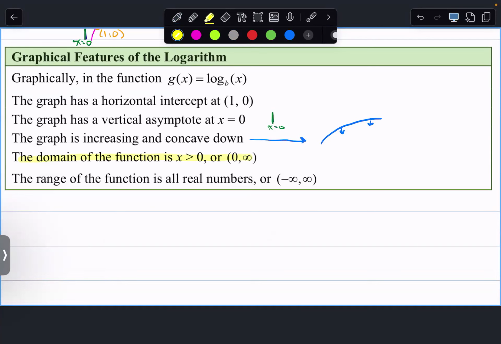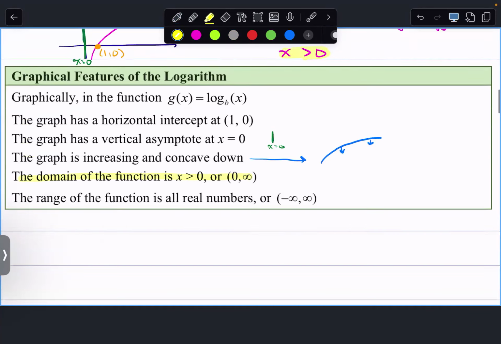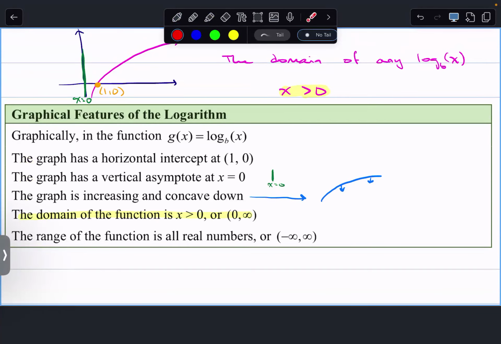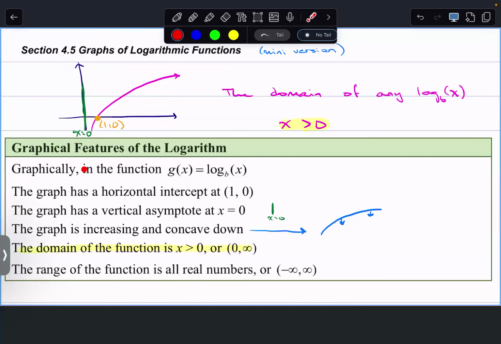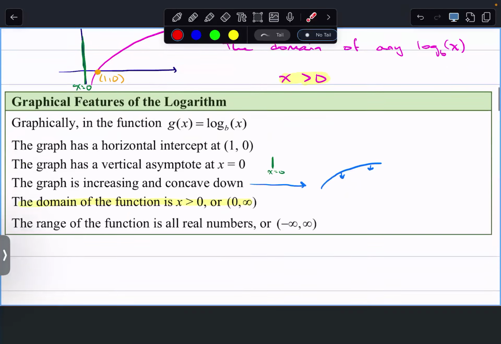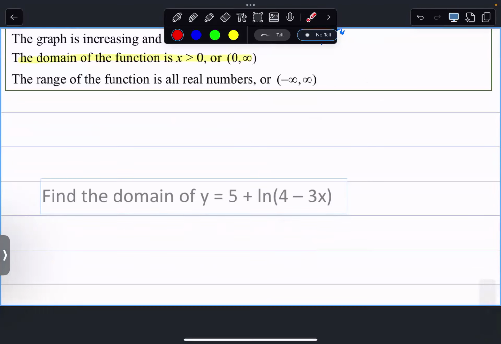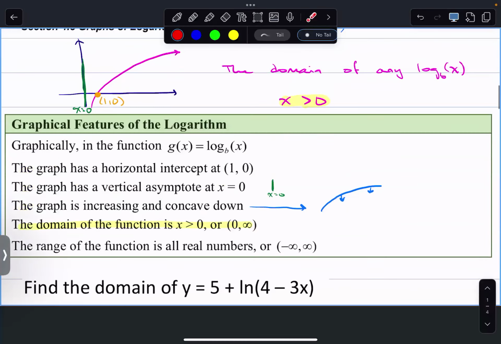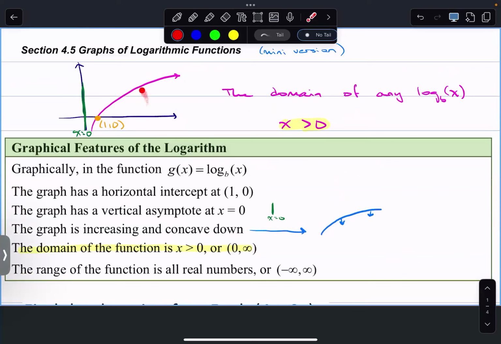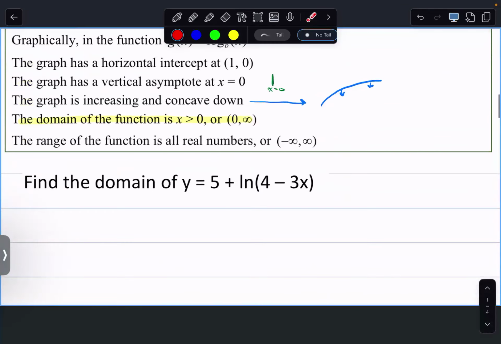The range of the function can yield values between negative infinity and positive infinity. So on the y-axis, the output can be any real number.